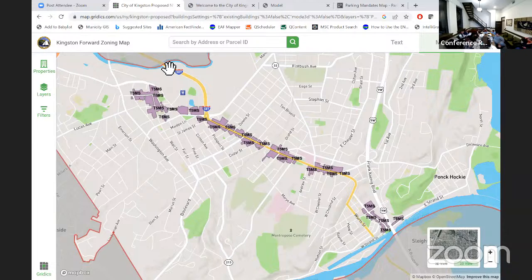So you have T5 Main Street, and it talks about the intent of the transect. It is pretty much what its name says it is. It's primarily our row buildings from the late 1800s. They're all connected. So you've got the Broadway corridor primarily, you've got downtown, lower Broadway.